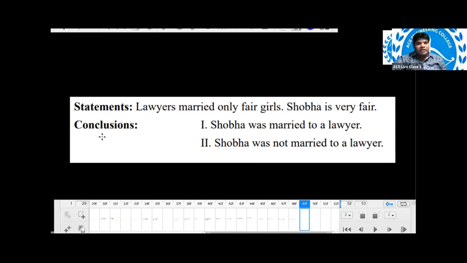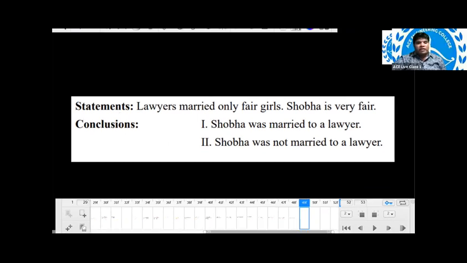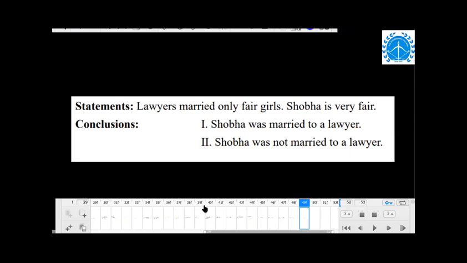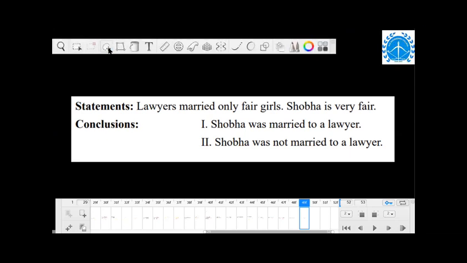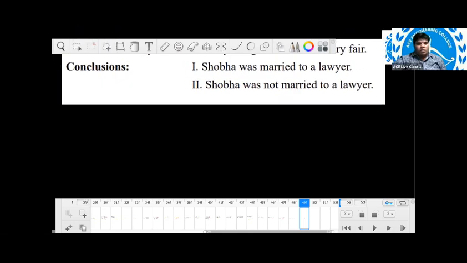Because what is the statement here? Conclusion. Conclusion means you should give the clarity. Okay sir, so "may not" or "maybe" is wrong. You should give completely clarity, meaning either A or B or C or D or E.